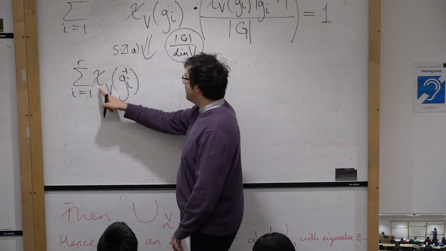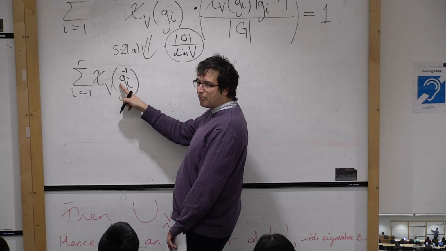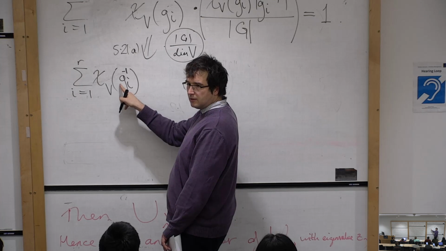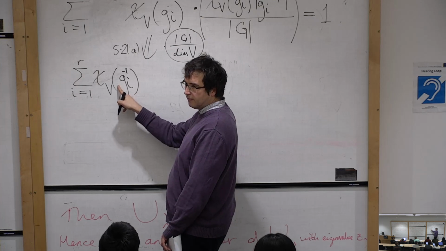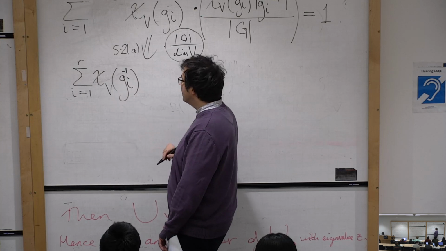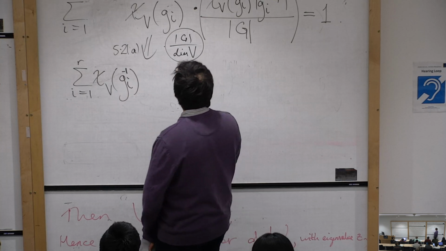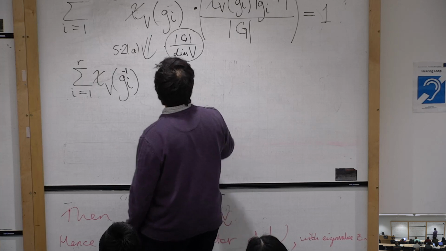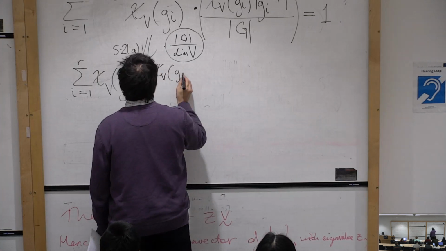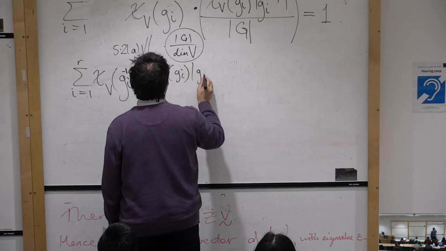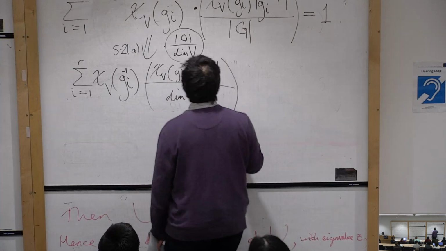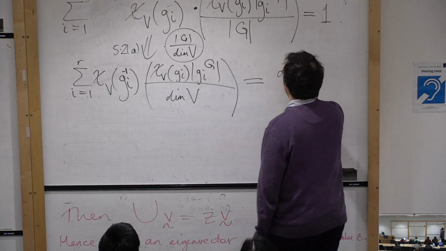It tells us that the character value of the inverse of a group element is the complex conjugate of the character value of a group element, because you can diagonalize a group element in the action, right? And the eigenvalues of the inverse are the complex conjugates of the eigenvalues. So when we do this massaging, mod G goes away to be replaced by some other horrible thing, namely the degree.